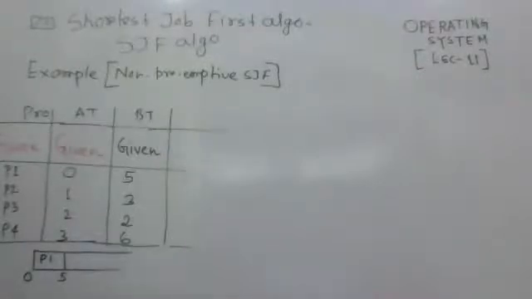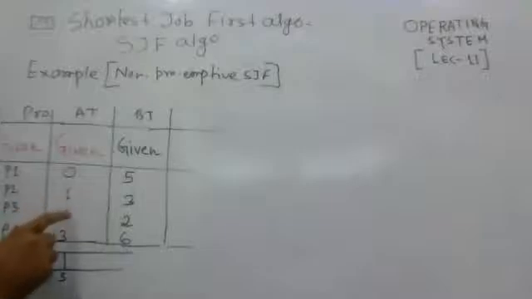Now when the time is 5, in the ready queue we have 3 processes, P2, P3 and P4, because the arrival time of P2 is 1, of P3 is 2, and of P4 is 3.